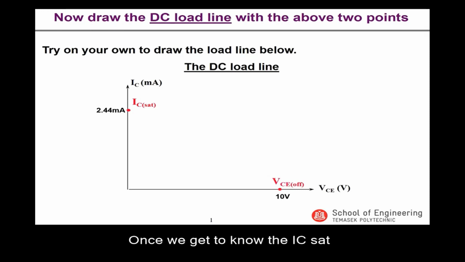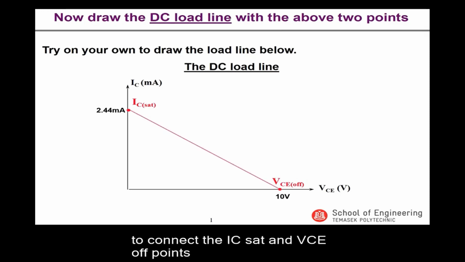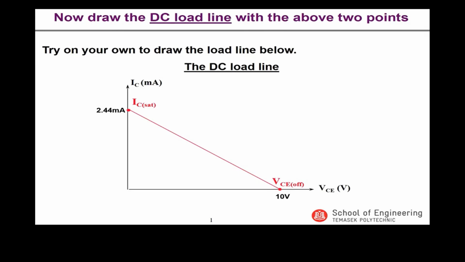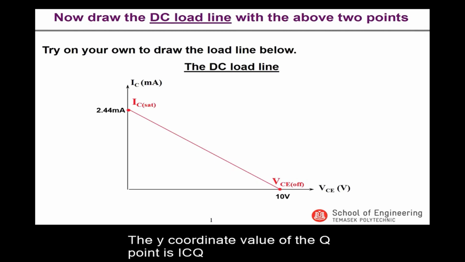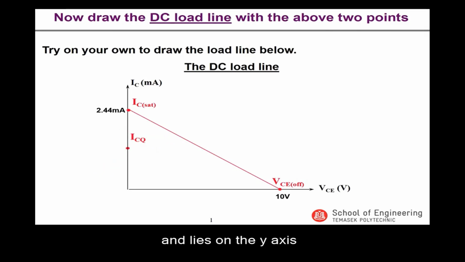Once we know the IC sat and VCE off points on both axes, we draw a straight line to connect them. This straight line is the DC load line. The Q point lies on this DC load line and it consists of y and x coordinate values. The y coordinate value of the Q point is ICQ and lies on the y-axis between 0 and IC sat.